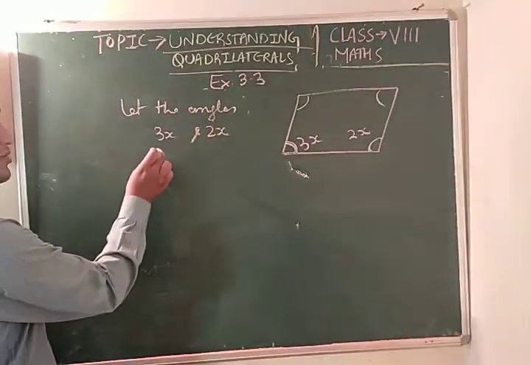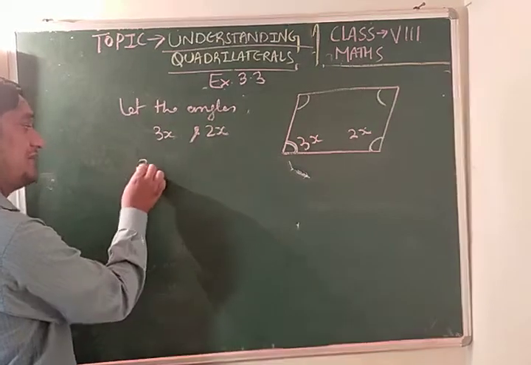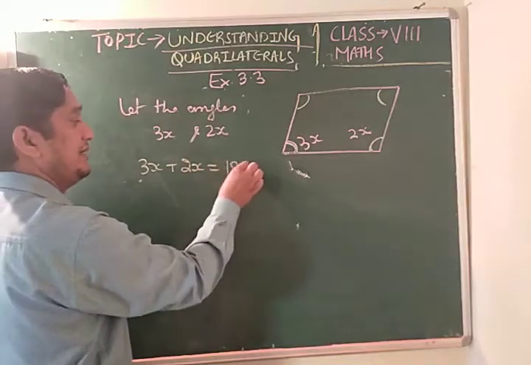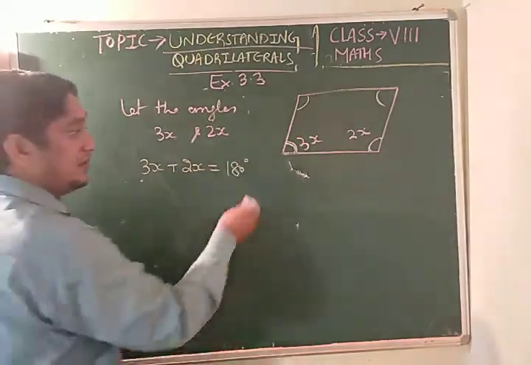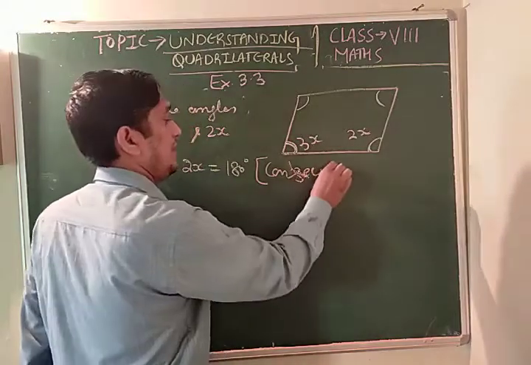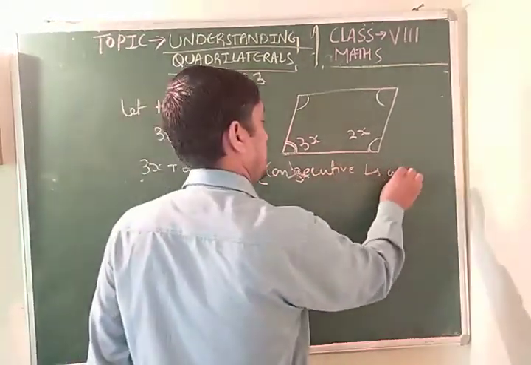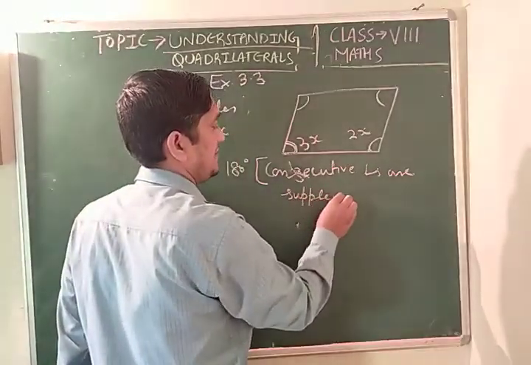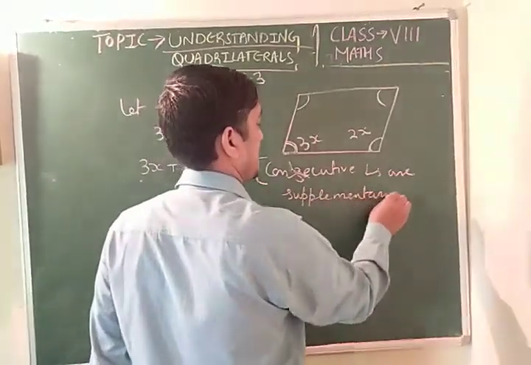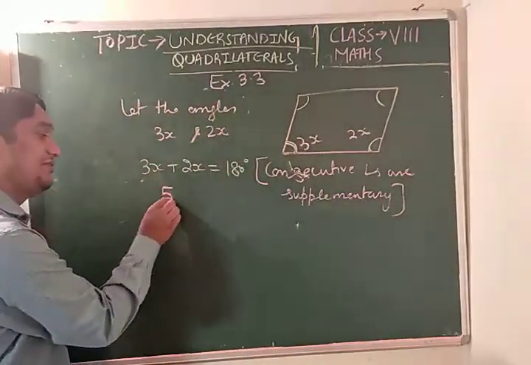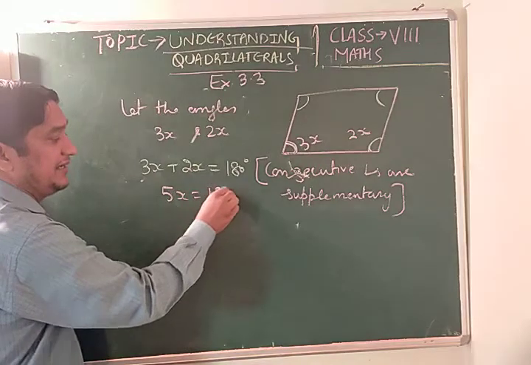Now children, we know that according to the property, the sum of the adjacent angles is 180 degree. Or you can say consecutive angles are supplementary in case of a parallelogram. Now it becomes 5x equals 180 degree.